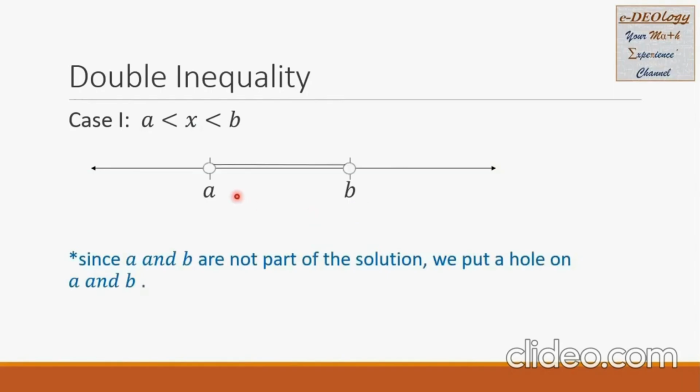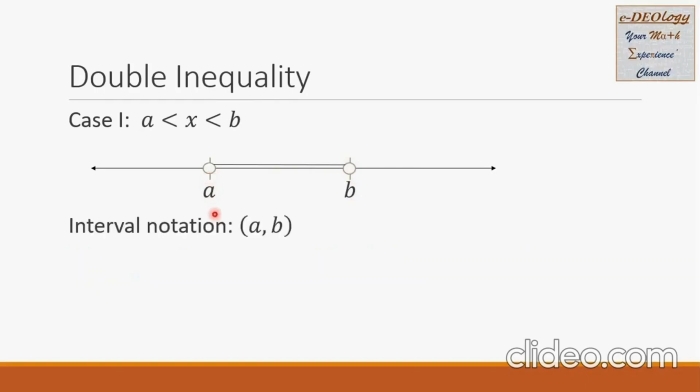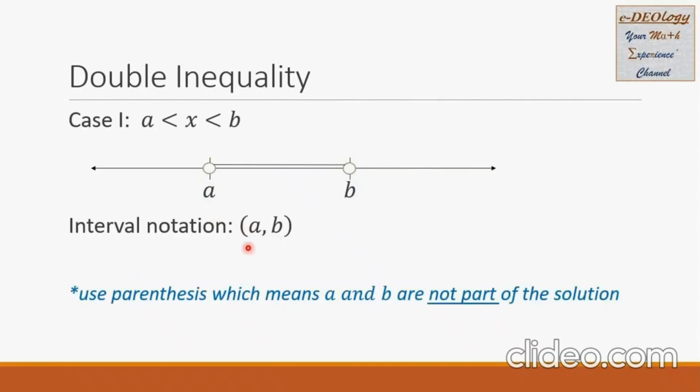And then we're going to connect these two numbers with a line segment, and since a and b are not part of the solution, we put a hole on the a and b. And then for the interval notation, we're going to first write the end numbers, the a and the b, and use the parentheses. That means the a and the b are not part of the solution.